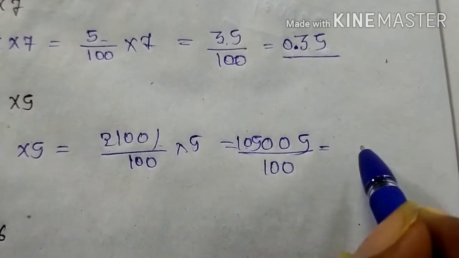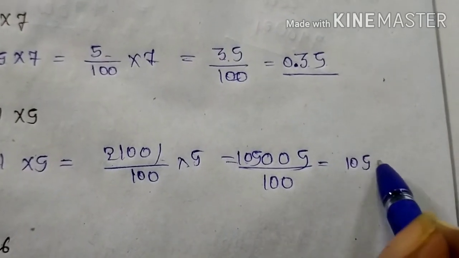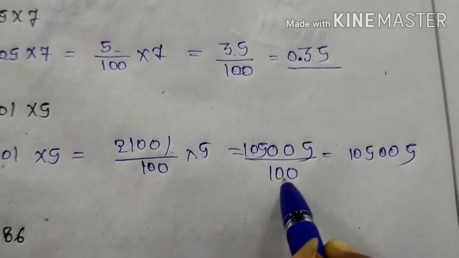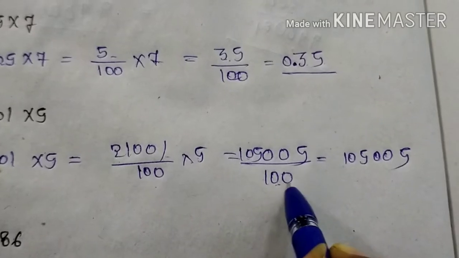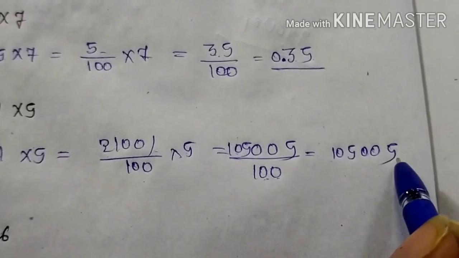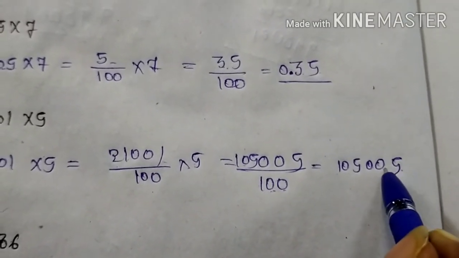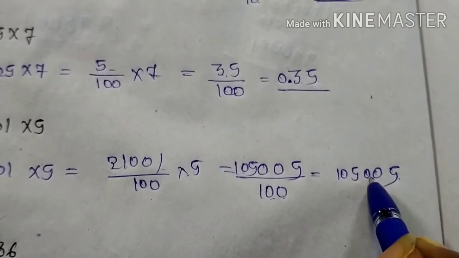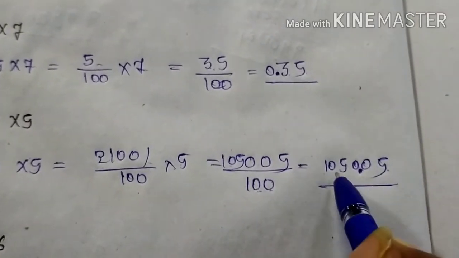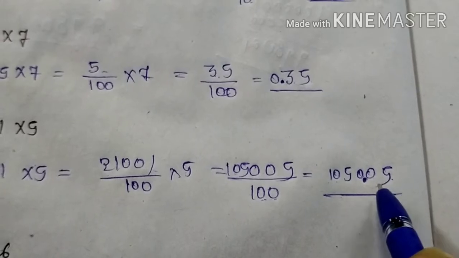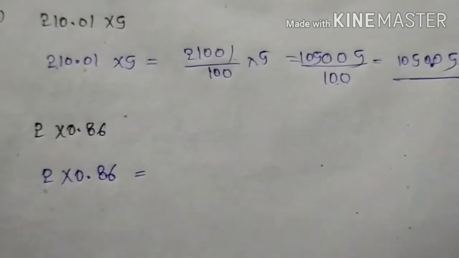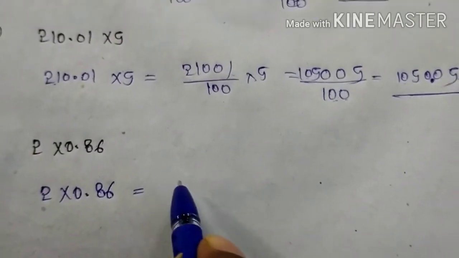How can you write here? 105005. See in the denominator you have 2 zeros, so you keep decimal point from right side after 2 digits. 1, 2. You can keep decimal point here. That means 1050.05 is your answer.